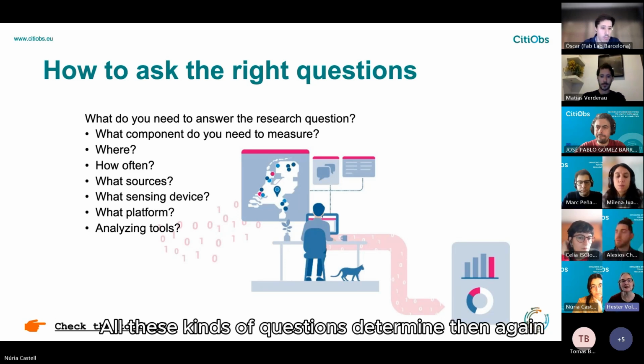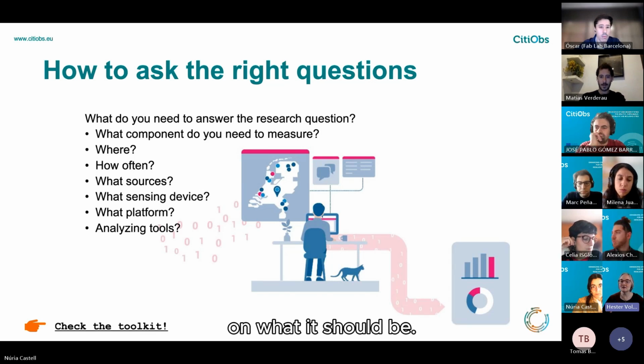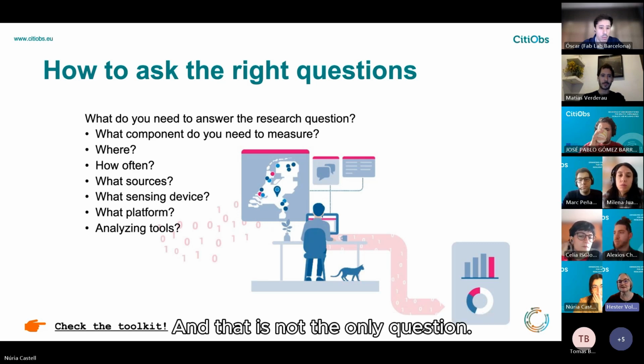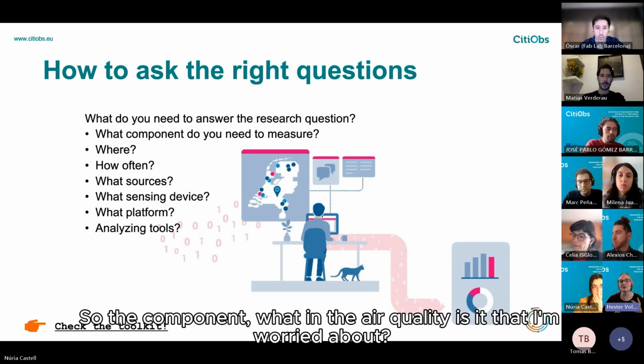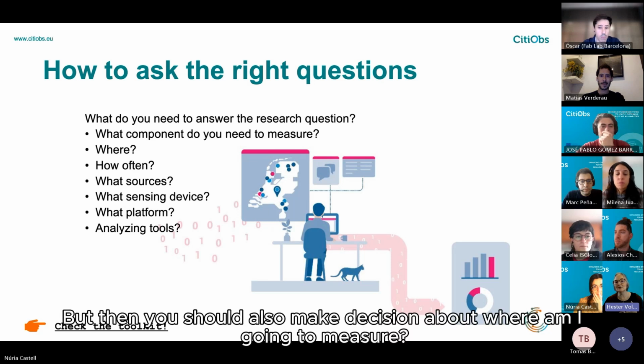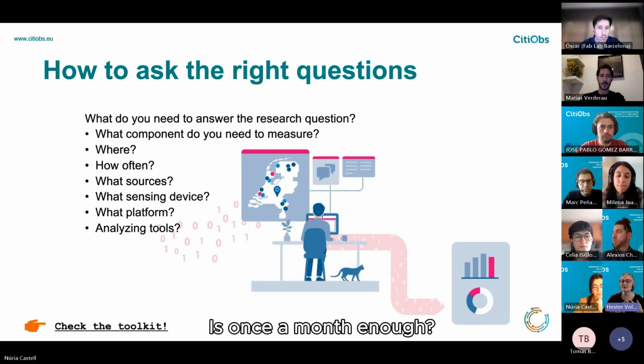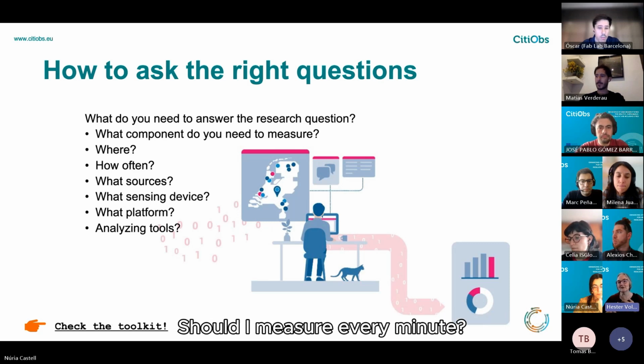All these kinds of questions then determine what it should be that you are measuring, and what the best decision is here. And that is not the only question. So the component: what in the air quality is it that I'm worried about? But then you should also decide where I am going to measure, so making a measurement plan, and how often the measurements should be conducted. Is once a month enough? Should I measure every minute?